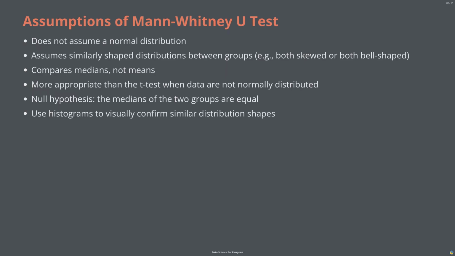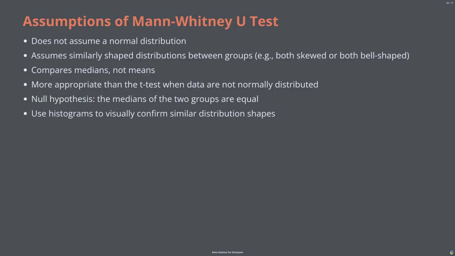While the Mann-Whitney U test doesn't assume a specific distribution, it does require both groups to have similar shape distributions, whether both are bell-shaped, skewed, or something else. Unlike the t-test, which looks at the differences in means, the Mann-Whitney U test focuses on the medians.